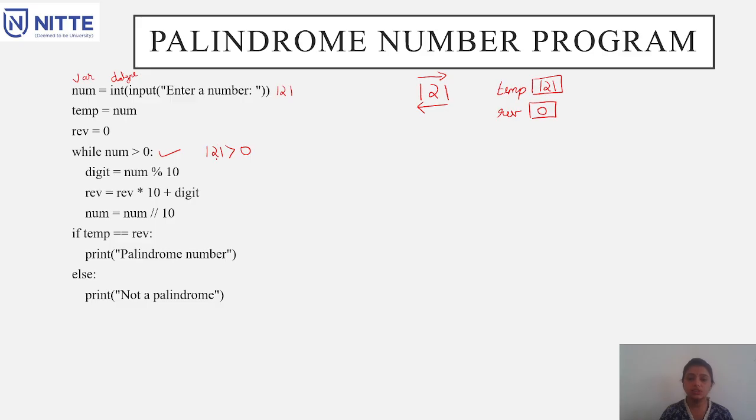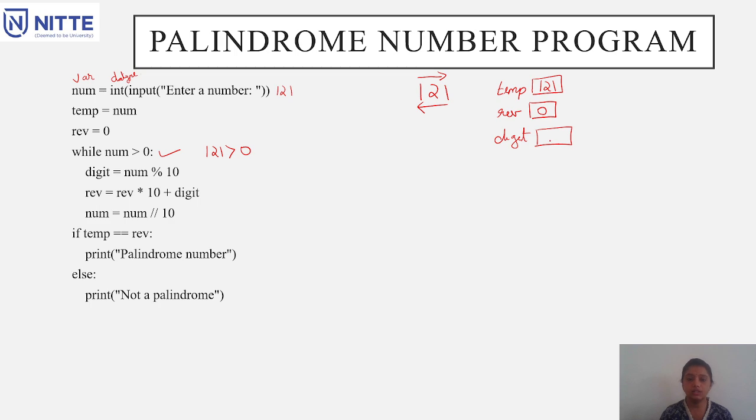Once the condition is true, I move to the next statement in the loop, that is digit equals num mod 10. So I have a digit variable here, and for this digit variable I need to find the result.